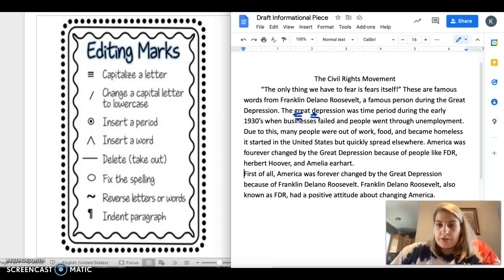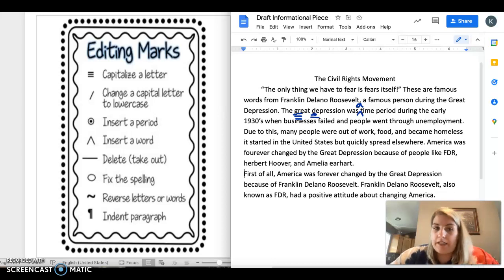Okay, so the Great Depression was, so I would insert a word. So that little caret, and then you could put what the word needs to be inserted. So A. The Great Depression was a time period during the early 1930s when businesses failed and people went through unemployment. Okay, everything looks great there.